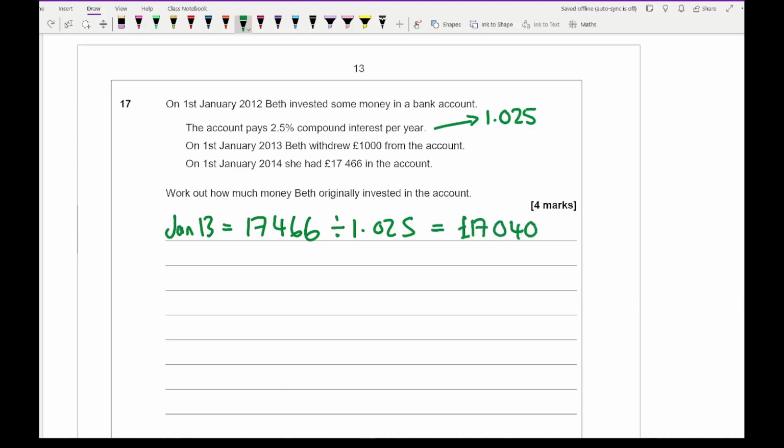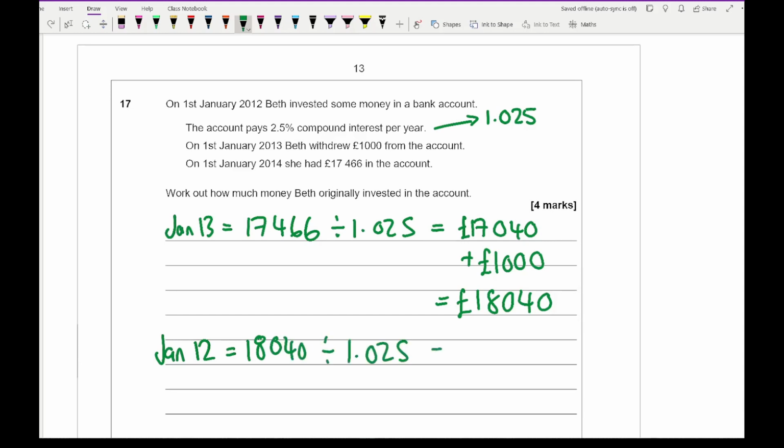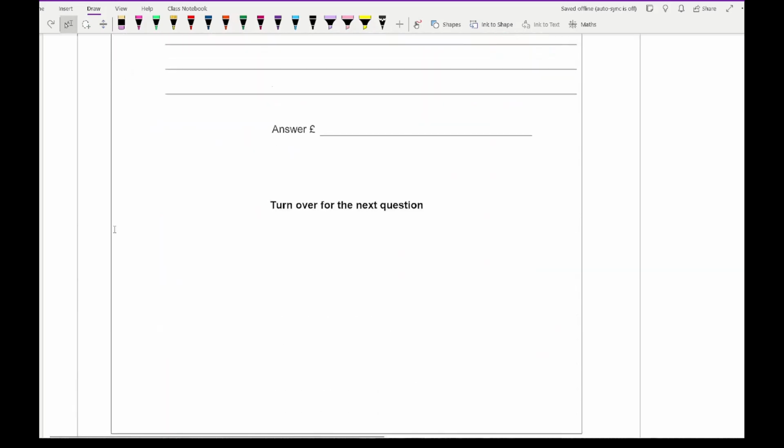Now she then withdrew £1,000, so I need to add £1,000, and that comes to £18,040. And then I need to again divide that. So in Jan 12, it's going to be 18,040 divided by 1.025, and that comes to a total of £17,600. And there is my final answer.